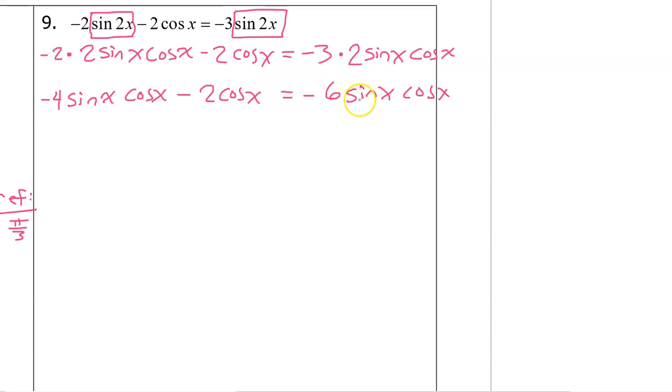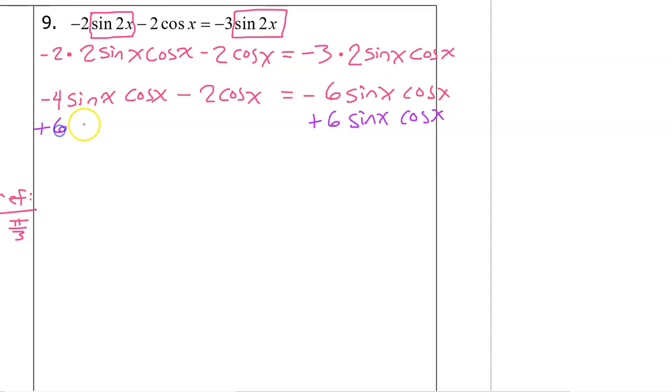Let's go ahead and move this to the other side of the equation by adding 6 sine x cosine x to both sides. I think I'll actually show it this time.